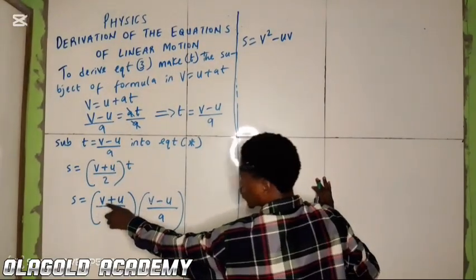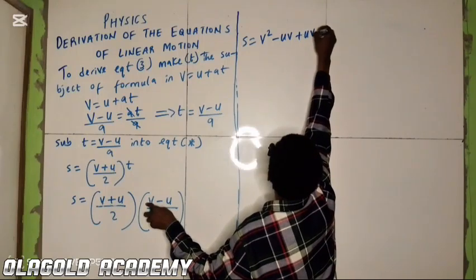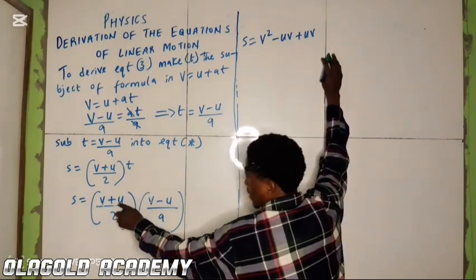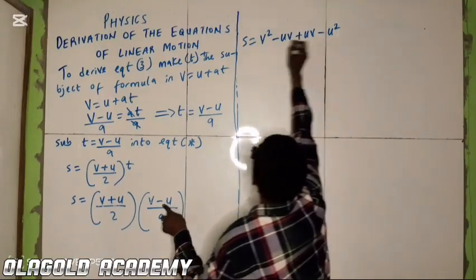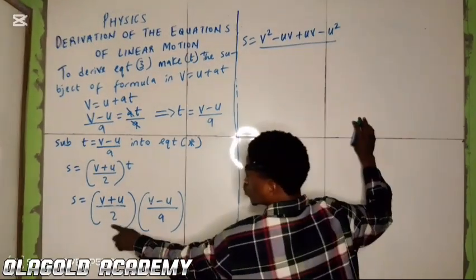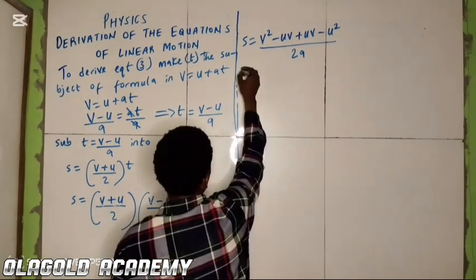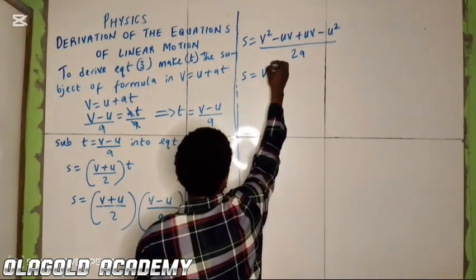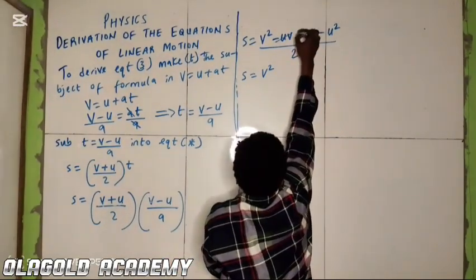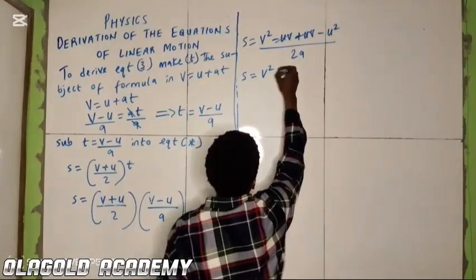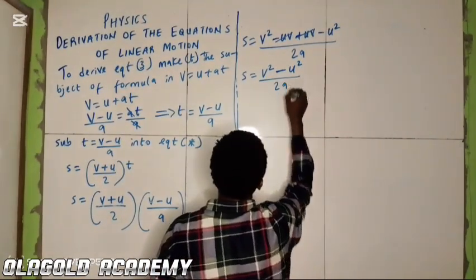We are done with this. Plus U times V gives us what there? Plus UV. U times minus U gives us minus U squared over 2 times A, which gives us 2A. Alright, what's the next thing there? S equals V squared minus UV plus UV cancel out. So we have V squared minus U squared over 2A.